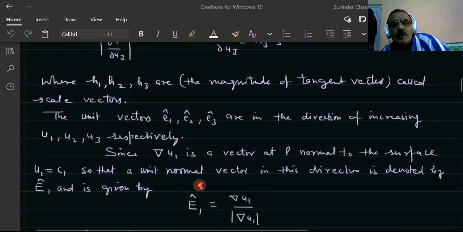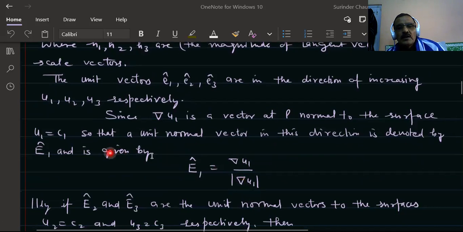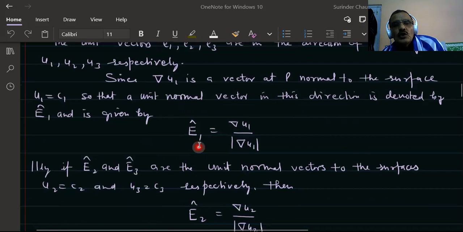The unit normal vector in this direction is denoted by capital E1, and it is the vector along the normal upon its magnitude, that is, the unit vector along the gradient of u1 at point P normal to the surface u1 equals c1. Similarly, normal to the surface u2 equals c2, capital E2 is equal to the gradient of u2 upon its magnitude. Similarly for u3.